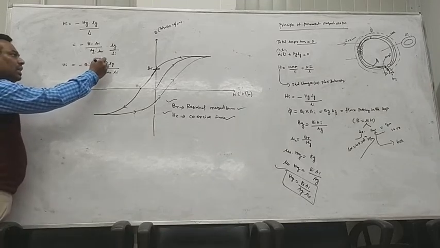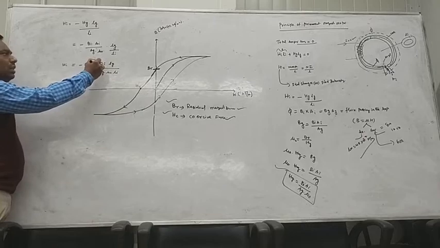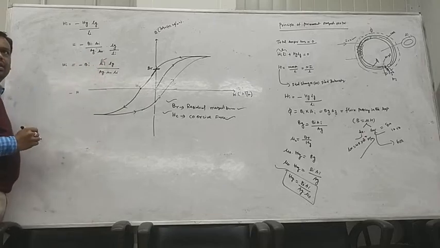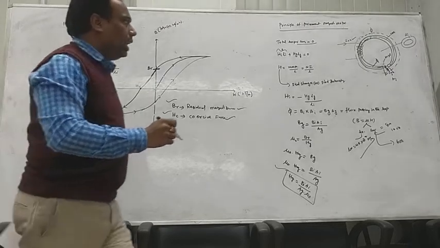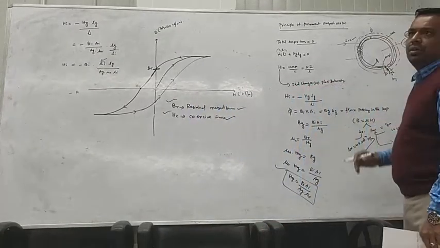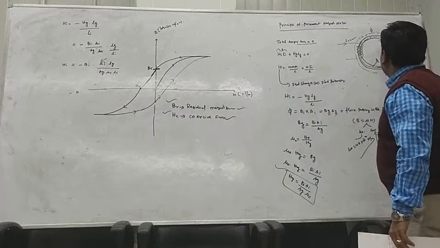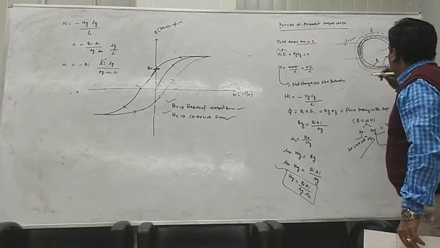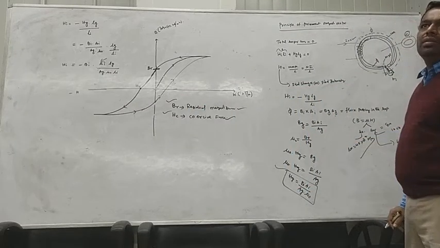Your cross sectional area of the iron part, Ai, is a positive value, and Lg, the length of the air gap, is also a positive value.